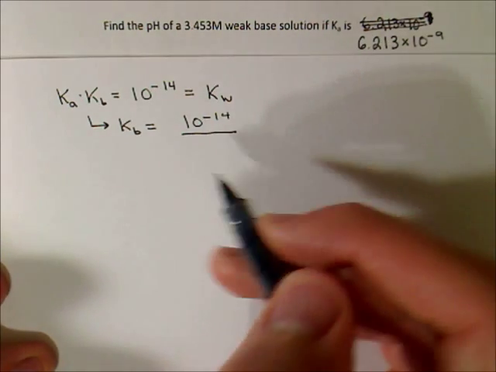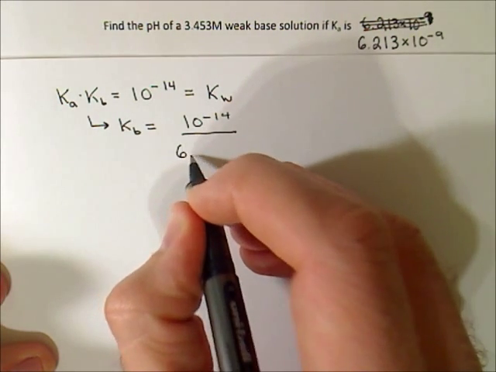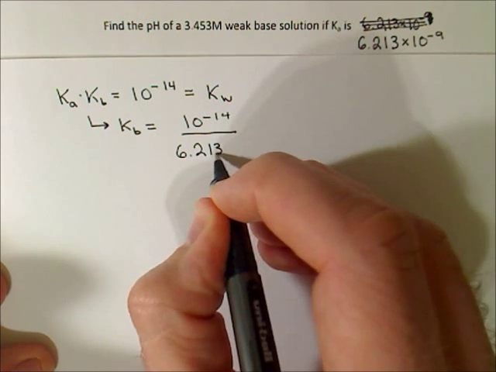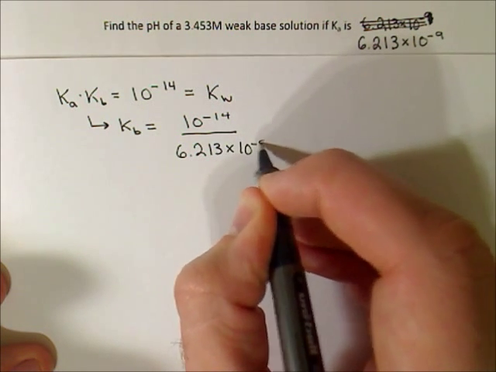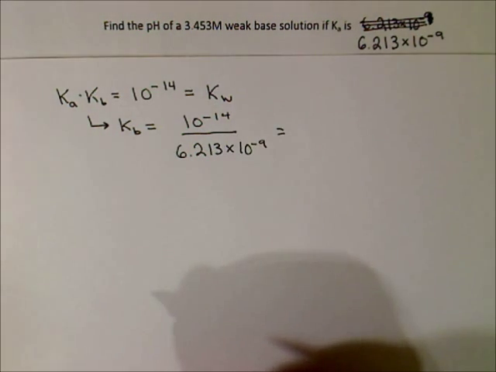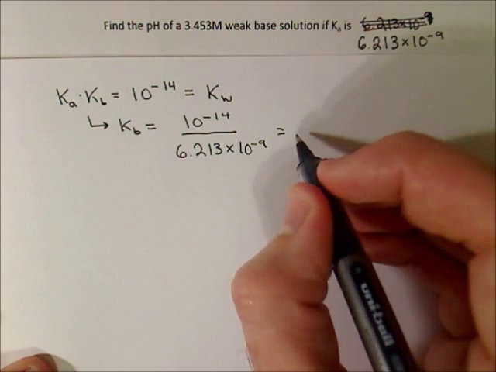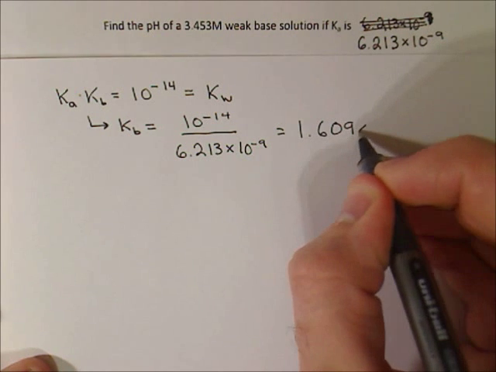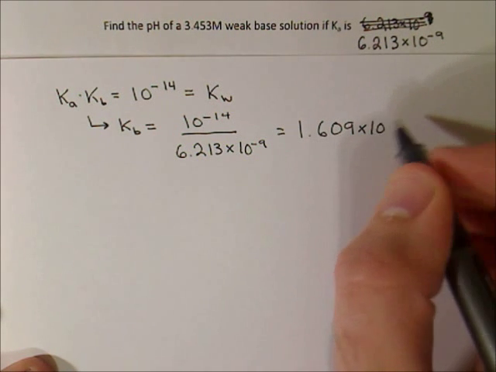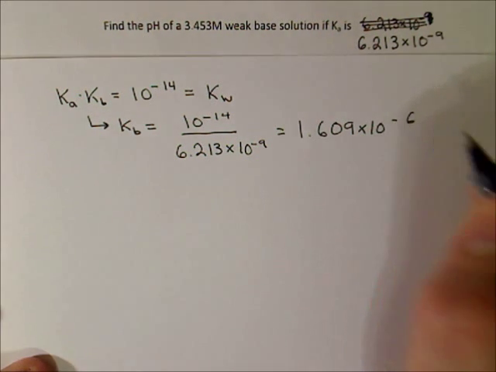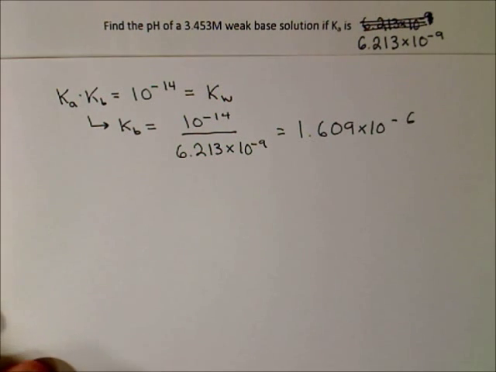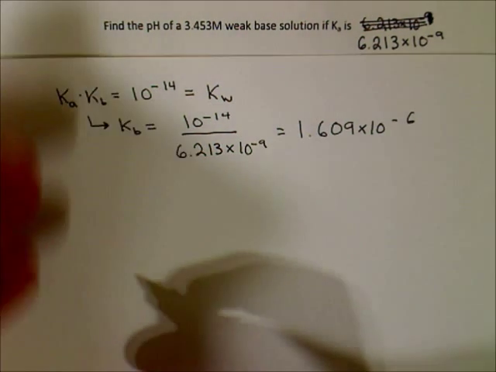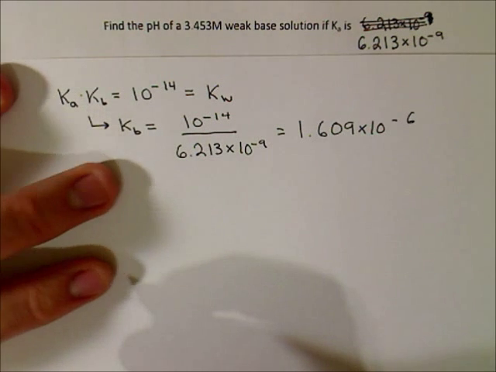We plug in our Ka. And after that, we should get 10⁻⁶. Okay, so now we have what we need with the Kb.